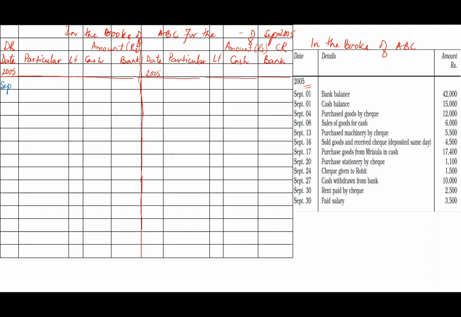Okay, so September 01, I will say balance brought down from earlier month, right? Balance brought down from earlier month is bank is 42,000 and cash is 15,000.